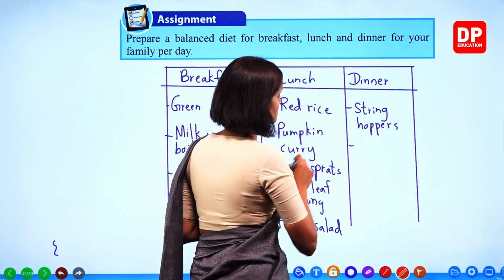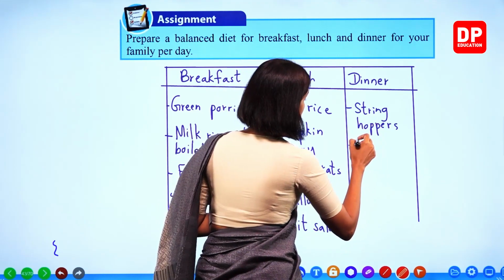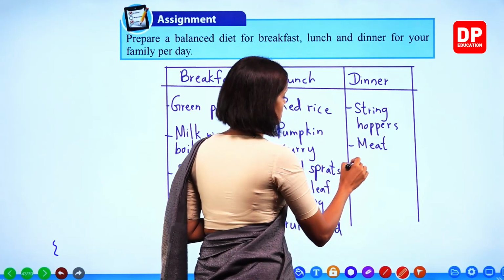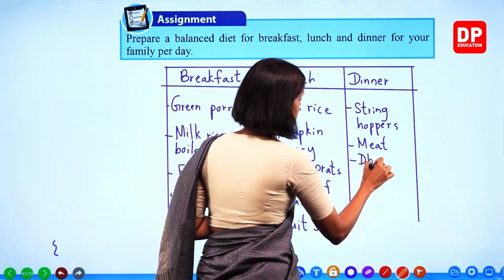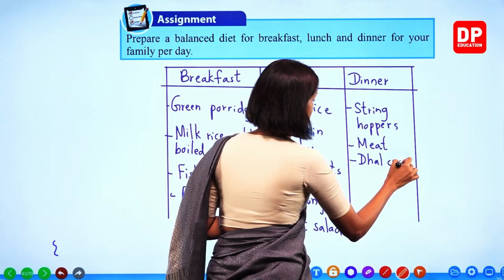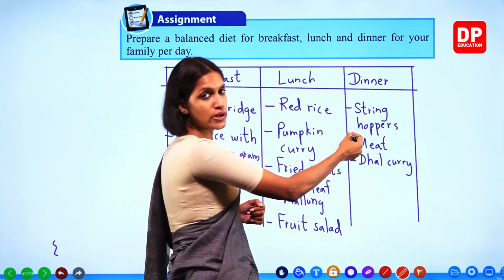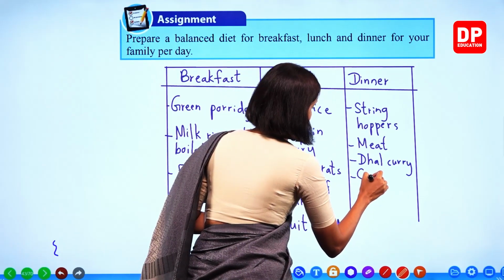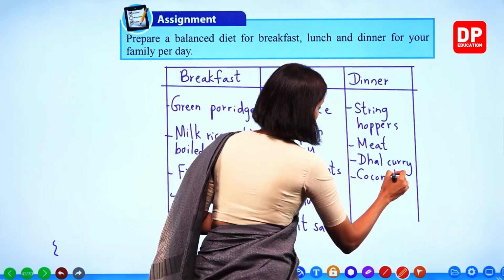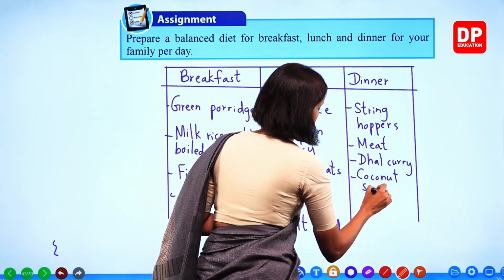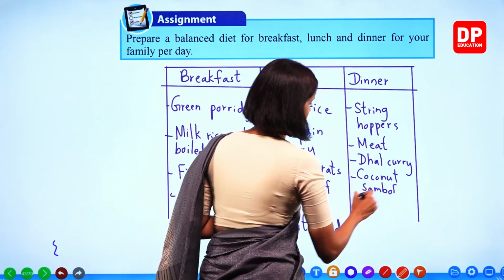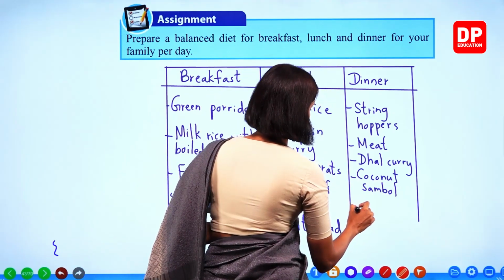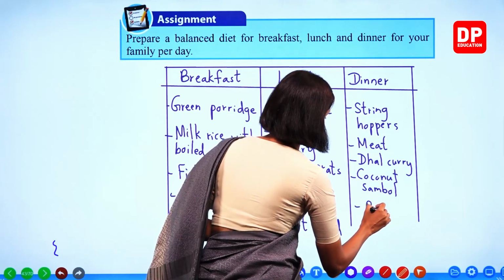Then meat, dal curry, chicken curry or any other meat curry we can write, coconut sambal. And then we can add banana.